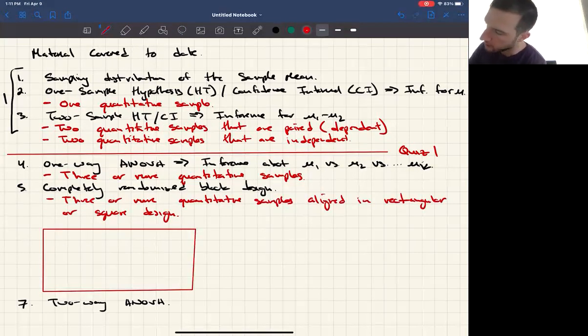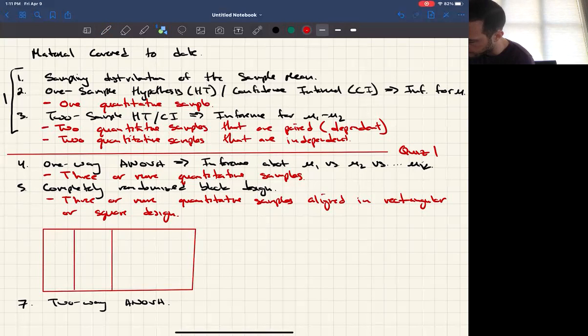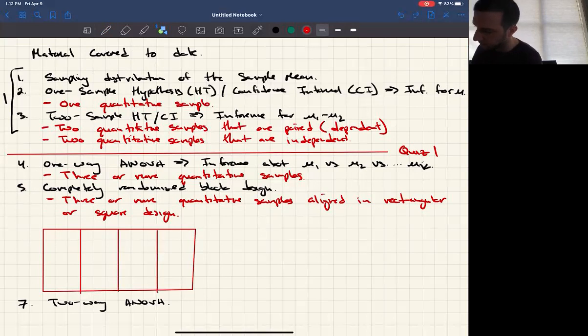Right? So you might have the treatments across the top. It doesn't really matter which way you write it, but so maybe like this. Here, this could be T1, T2, T3, T4, right? But this can go up to TK. There's no bound on the number of treatments.